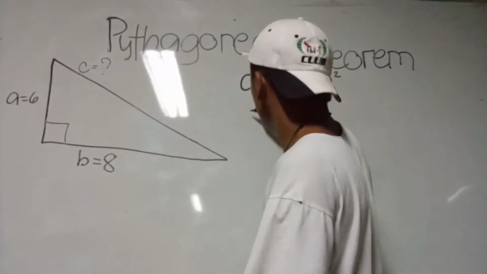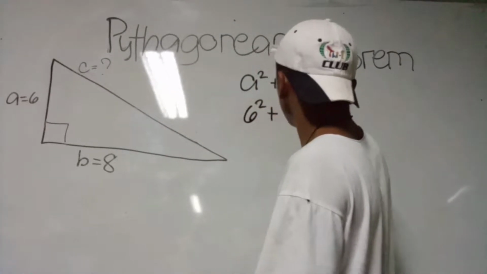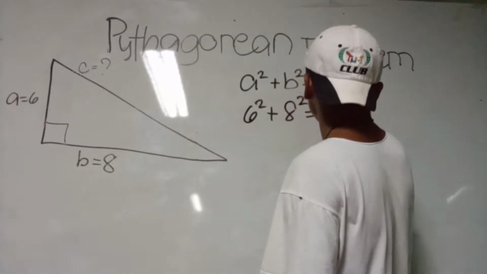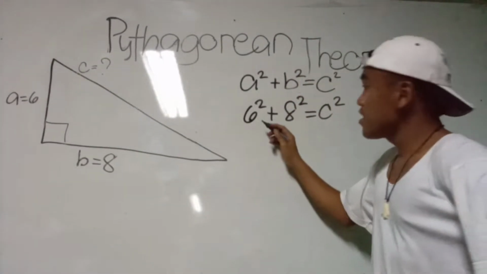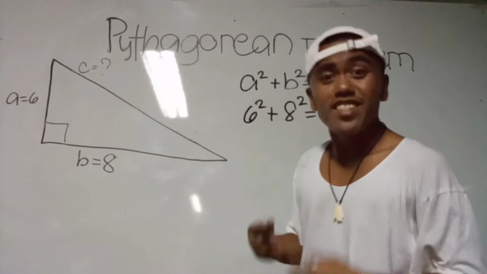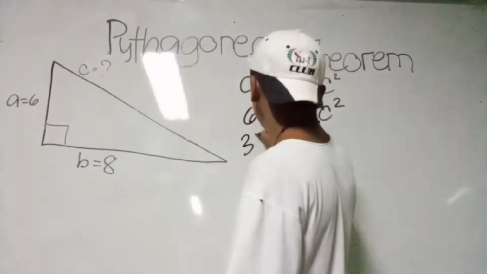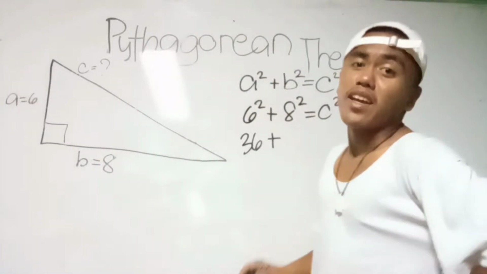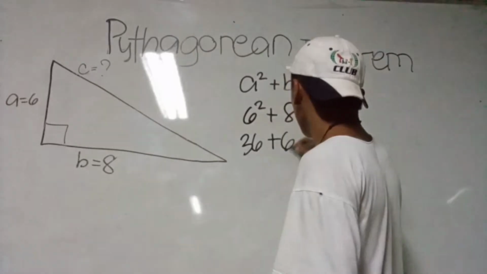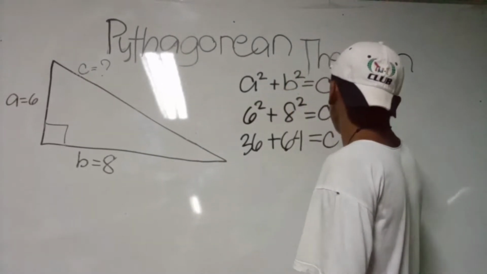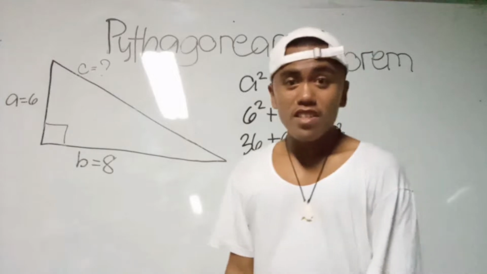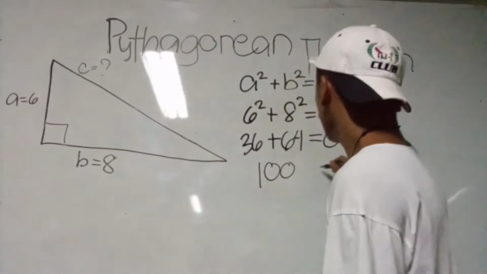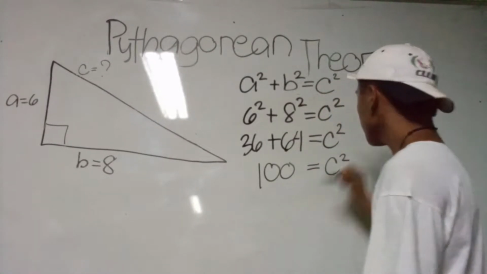A squared is 6 squared, plus B squared is 8 squared, equals C squared. 6 squared is 6 times 6, which is 36, plus 8 squared is 8 times 8, which is 64, equals C squared. 36 plus 64 is equal to 100, equals C squared.